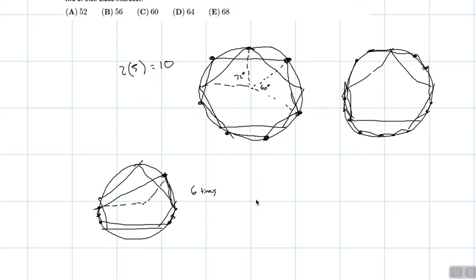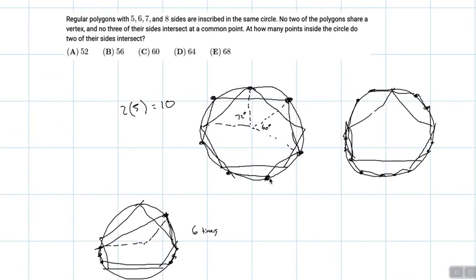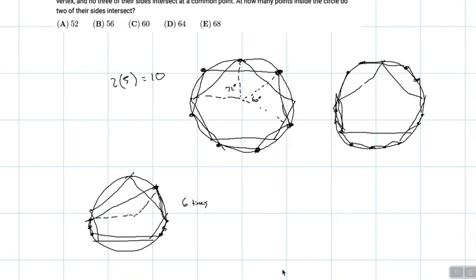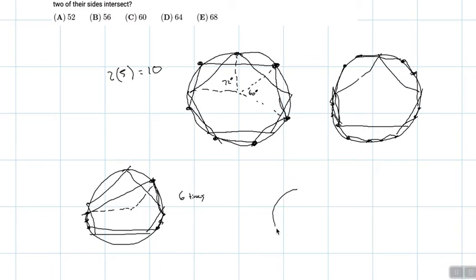And lastly, to bring up the point of, this is saying that no 2 of their polygons share a vertex. So to bring a simple example, we have a square and say an equilateral triangle. These are both inscribed, and we have 2 intersections here and here.